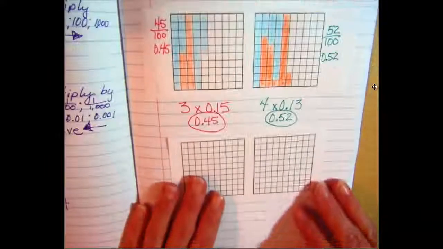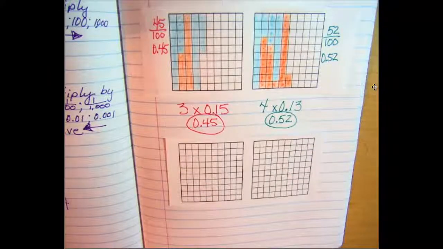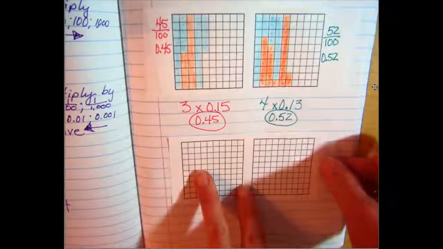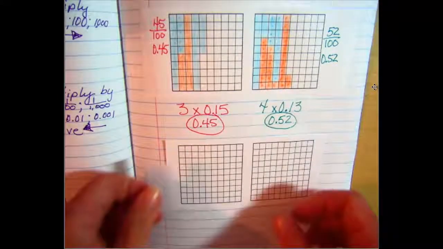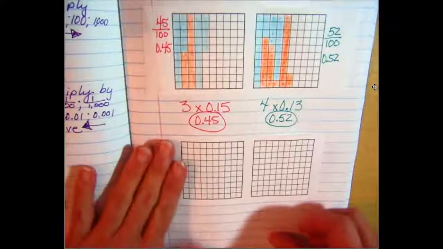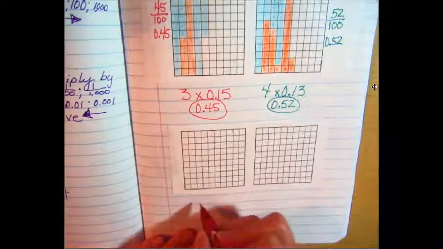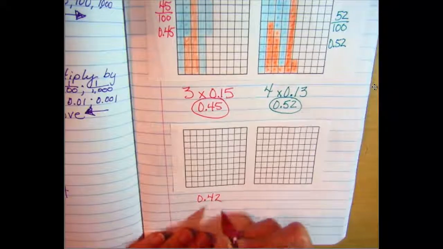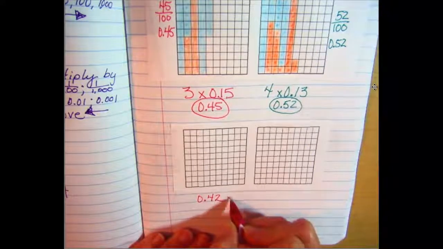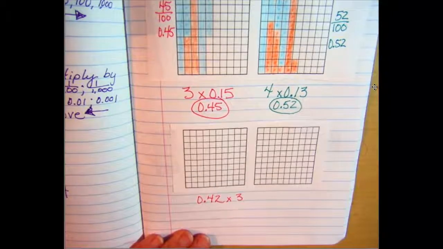So I'm going to do this problem with a little bit larger numbers. We're going to do 42 hundredths 3 times.